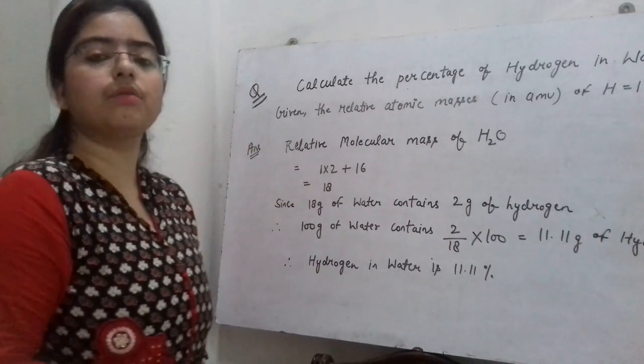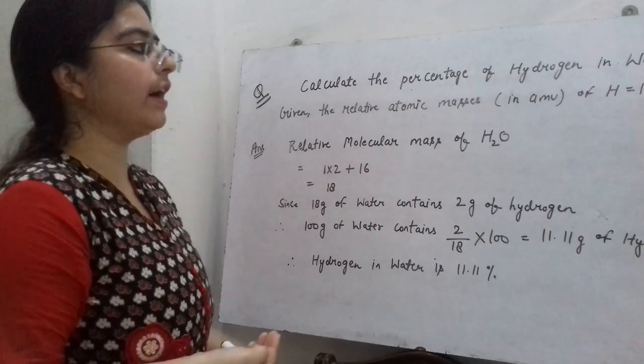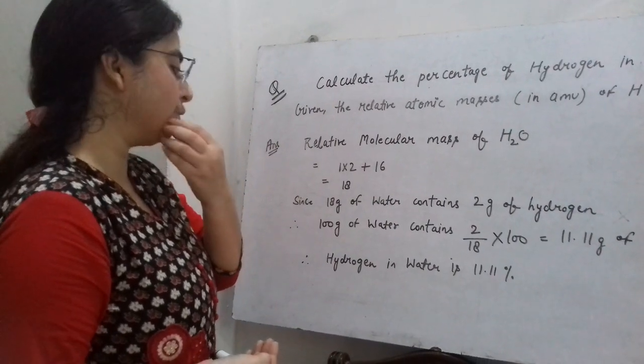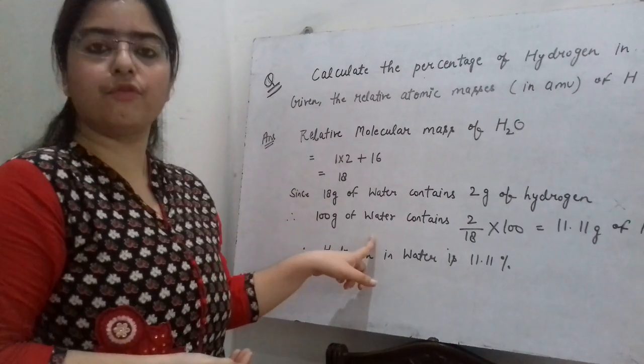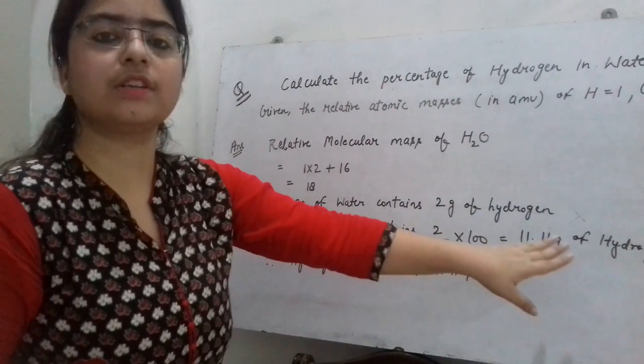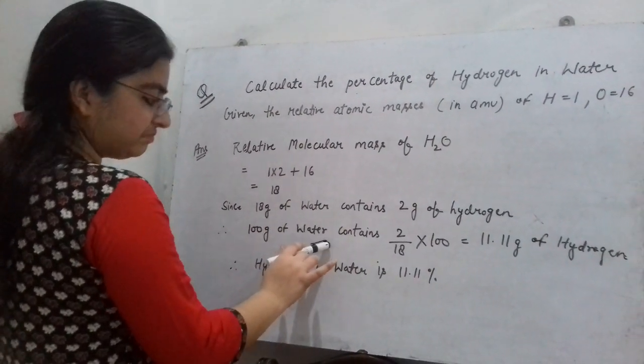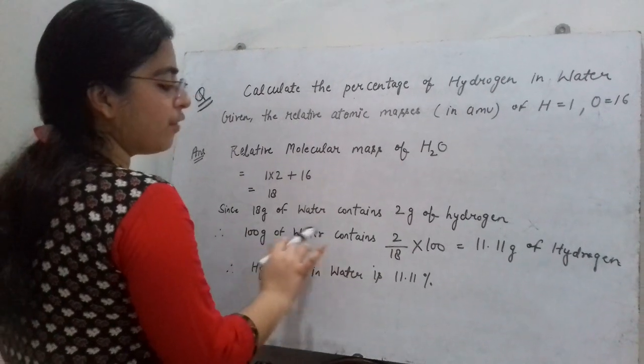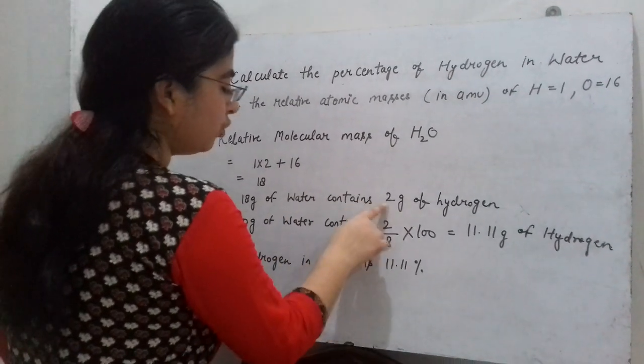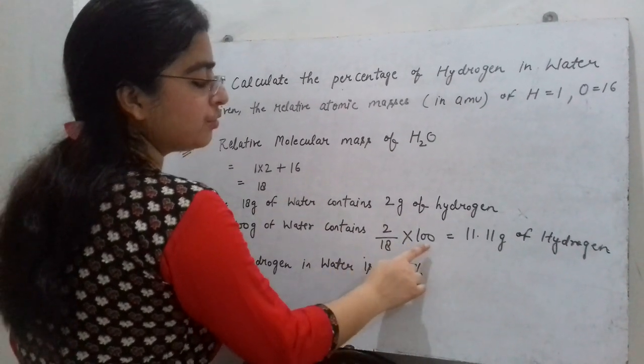But in order to calculate the percentage of hydrogen, we will find out in 100 gram of water how much hydrogen is present. So 100 gram of water contains 2 upon 18 into 100.